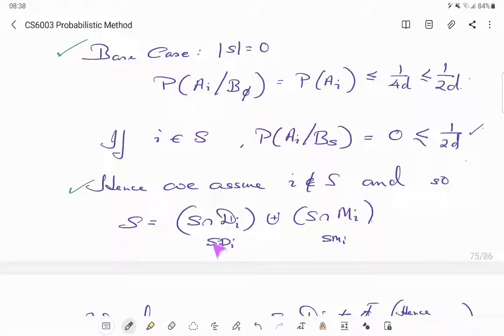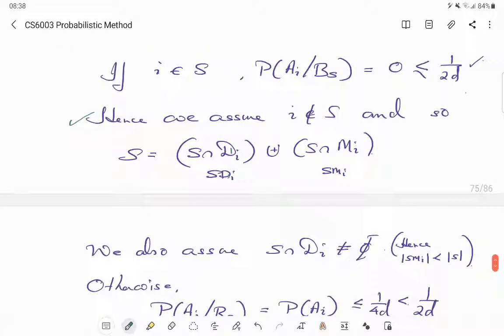I thought about using smaller notations, but this is meaningful. The S is to indicate that we are not talking about the entire collection of events that AI might depend on, but only those inside of S. The D is for dependent, and the subscript I is to remind you that these SDI and SMI sets are different for different I.